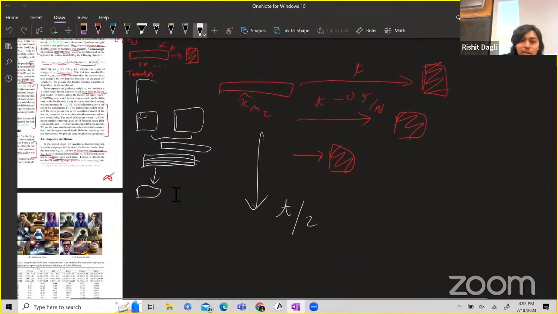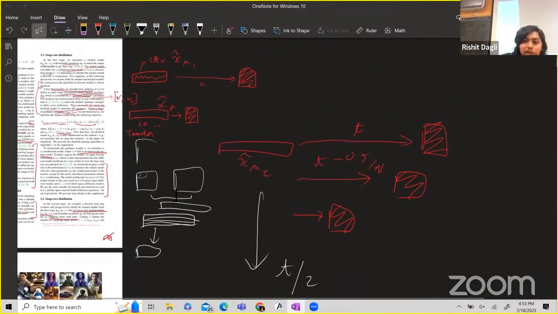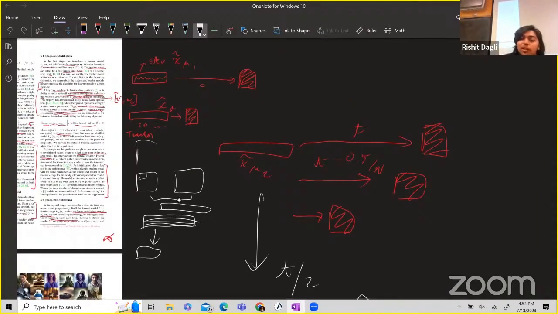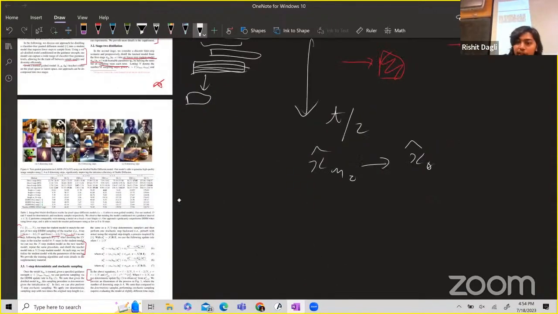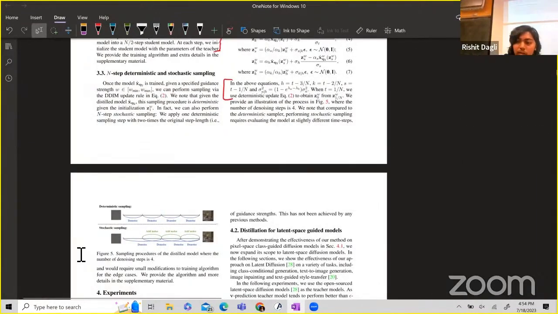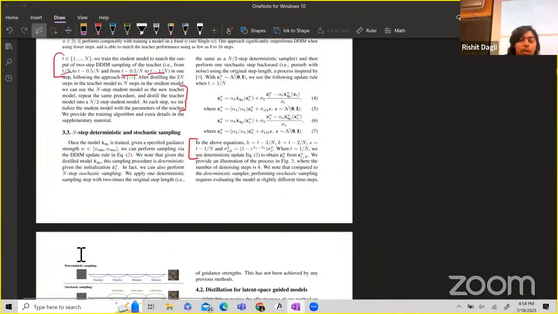So then this becomes a new teacher model. So then you start writing x eta 2 hat as x theta hat, and then you do the whole process once again, the stage 1, stage 2, all of it, and then you get a model that does it with t by 4 sampling steps, and so on. Yeah, I see. That sounds workable.